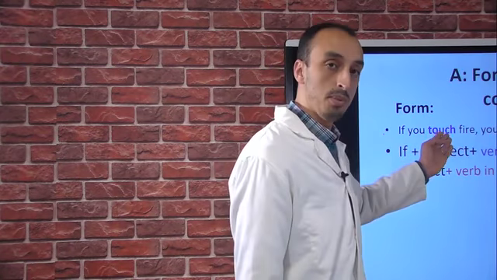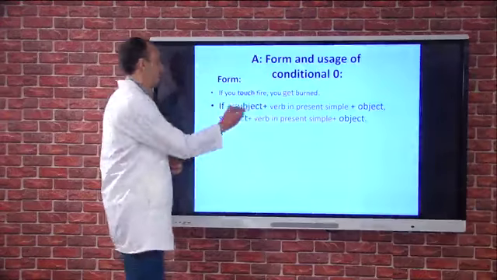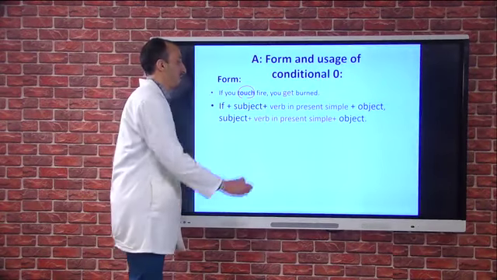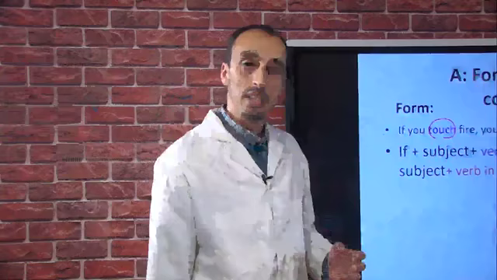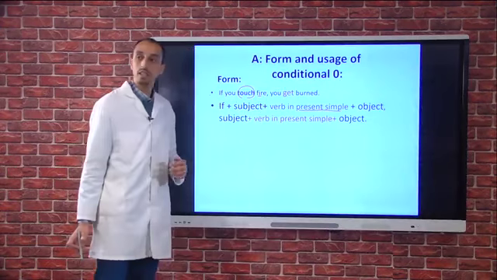Then you have the verb. The verb is touch. As you notice, it is in the present simple. Then the verb is usually followed by the object. Here, fire is the object.